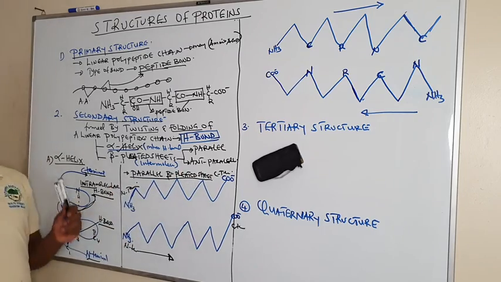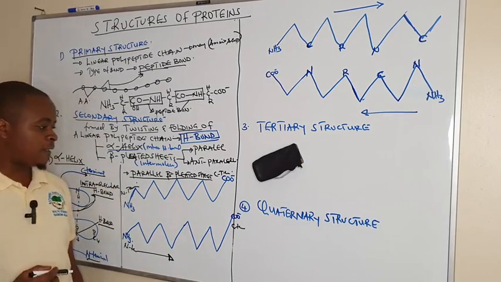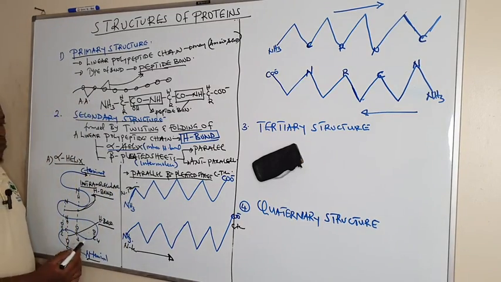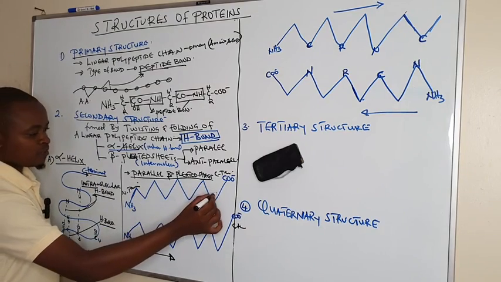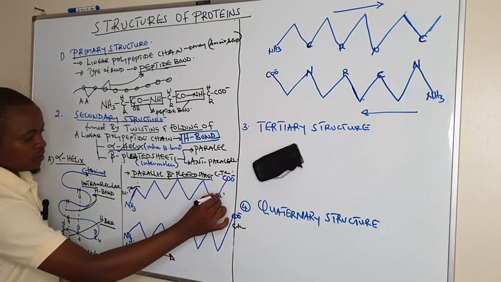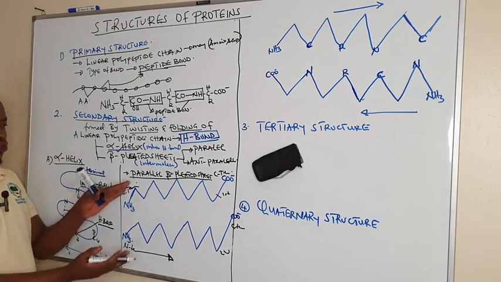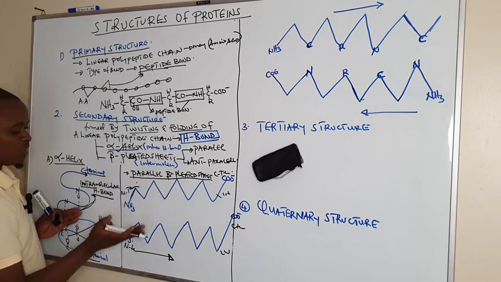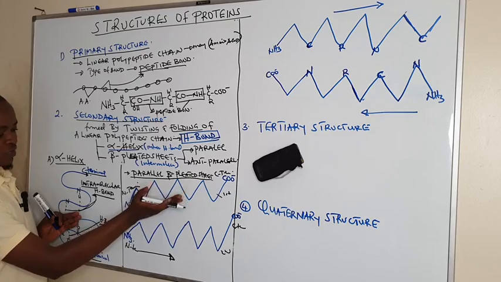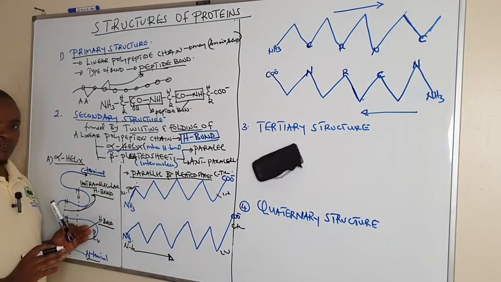So this parallel beta pleated sheet, which is formed during the folding and twisting, we are seeing this is the first polypeptide chain. This is the second polypeptide chain. And we are seeing the two polypeptide chains. These are two primary structures. One primary structure and another second primary structure.